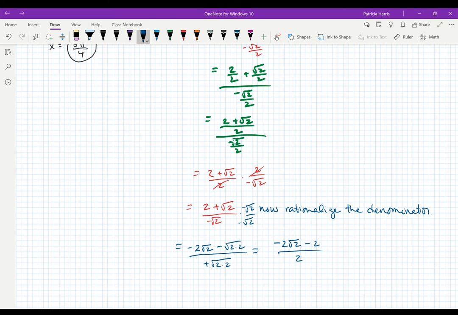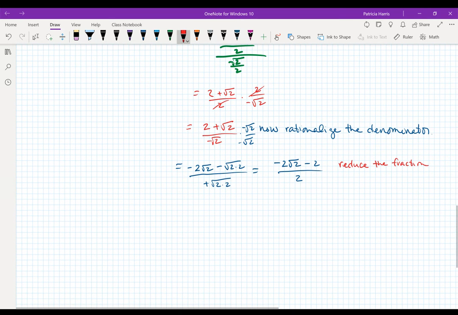The answer is technically no, because we can reduce the fraction. So we can factor out a negative 2. Cancel or reduce. And my answer is this or this.